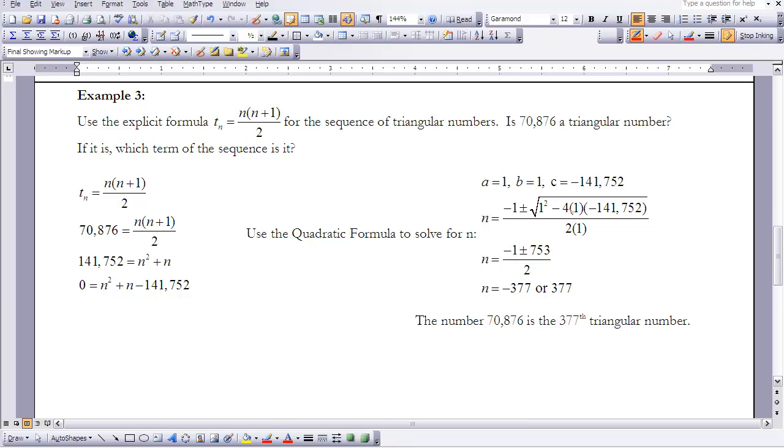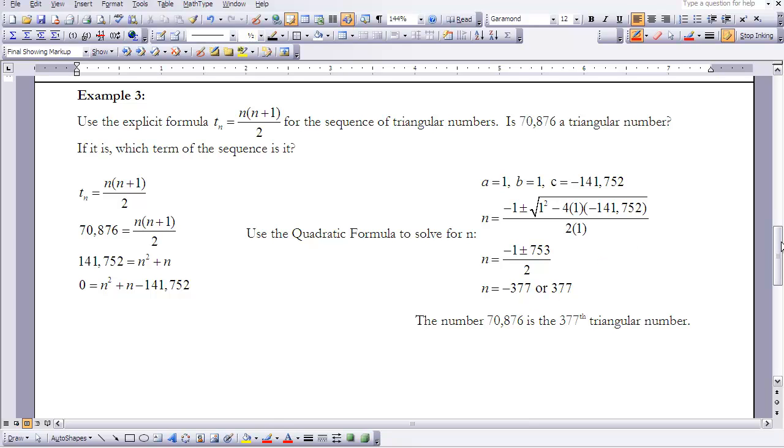So when we do that, it comes out with a nice value, and I know if our value is going to be a sequence number, it has to be nice and clean. It has to be an integer, so we get negative 377 or 377. We don't have negative values when we're looking at our sequences, so we know that 70,876 is a triangular number, and it happens to be the 377th triangular number.